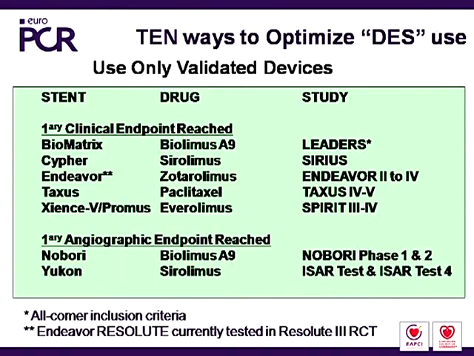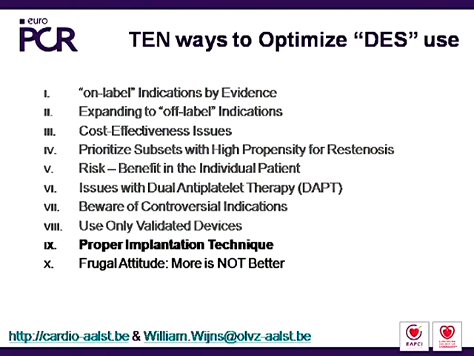I'll say one word about Endeavor Resolute. We don't have the pivotal trial yet. It will likely be released later this year when the results of Resolute 3 will be published. Proper implantation technique, I'll skip it. It is extremely, extremely important. It's not because you're using a stent that has low propensity for restenosis that you should not implant it properly.